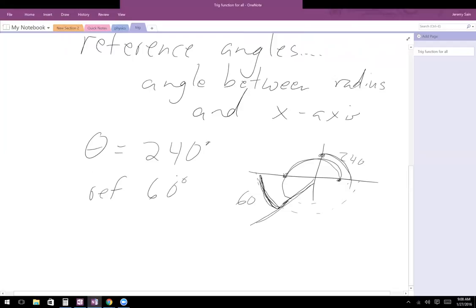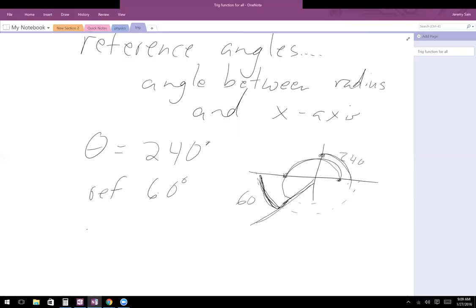And the good thing about reference angles, if I do any trig function, so sine, cosine, tangent, any of them, the trig function of the reference angle is the same as the trig function of the angle you start with, except the signs might be wrong.